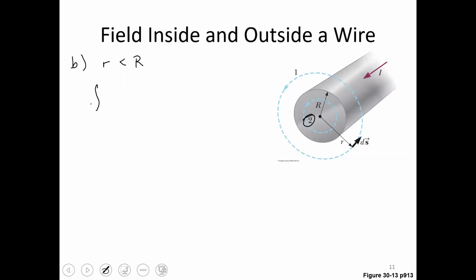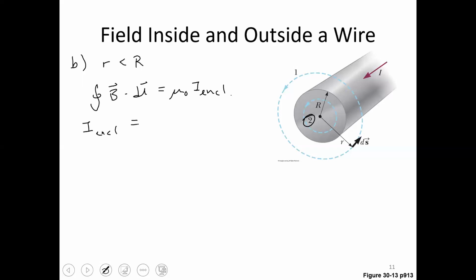So when we are inside the wire, we're going to start again with our generic Ampere's law, which tells us that our magnetic field dotted with the path we've gone around, in a closed loop integral, is related to mu 0 and the current we've enclosed. Well, here we haven't enclosed the whole wire, so we haven't enclosed I. What have we enclosed?